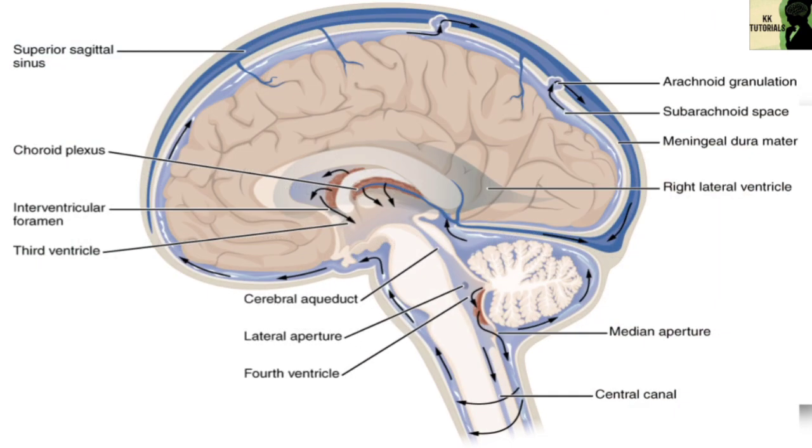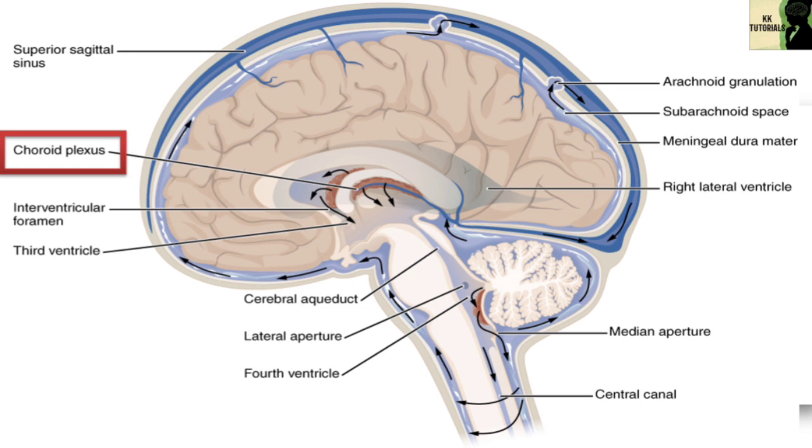In this image, you can see the choroid plexus. Within this choroid plexus, CSF is produced. Thus, the CSF is secreted by the pia mater, the choroid plexus, and the ependymal cells lining the ventricles of the brain and central canal of spinal cord.